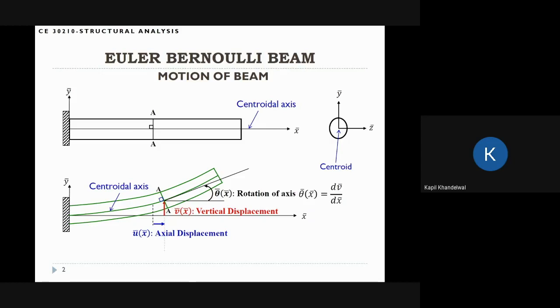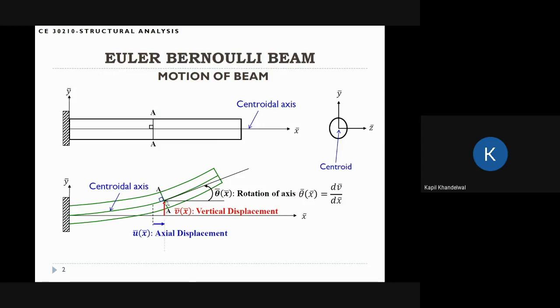One of the interesting assumptions in this theory is what happens if you consider a cross section like AA. This is a cross section that is perpendicular to the centroidal axis. After deformation, this cross section still remains perpendicular to the centroidal axis. This is a fundamental assumption in Euler-Bernoulli beam theory.